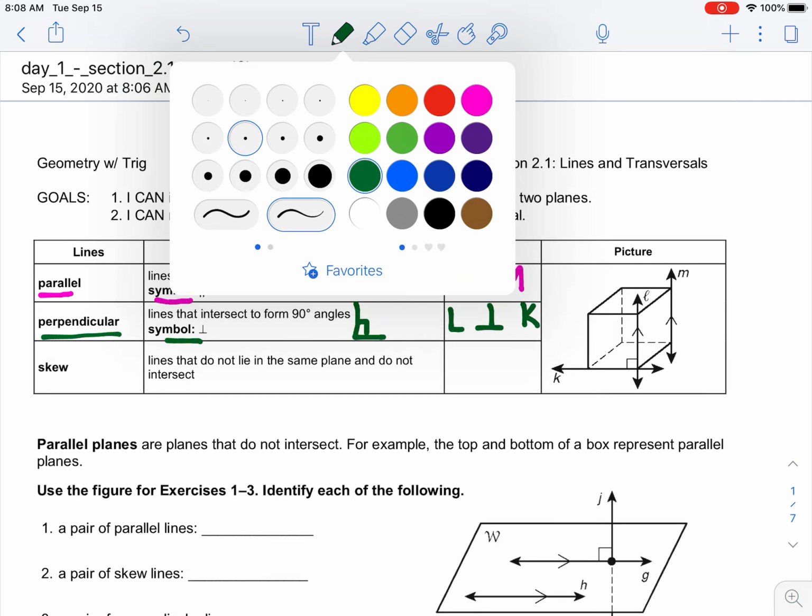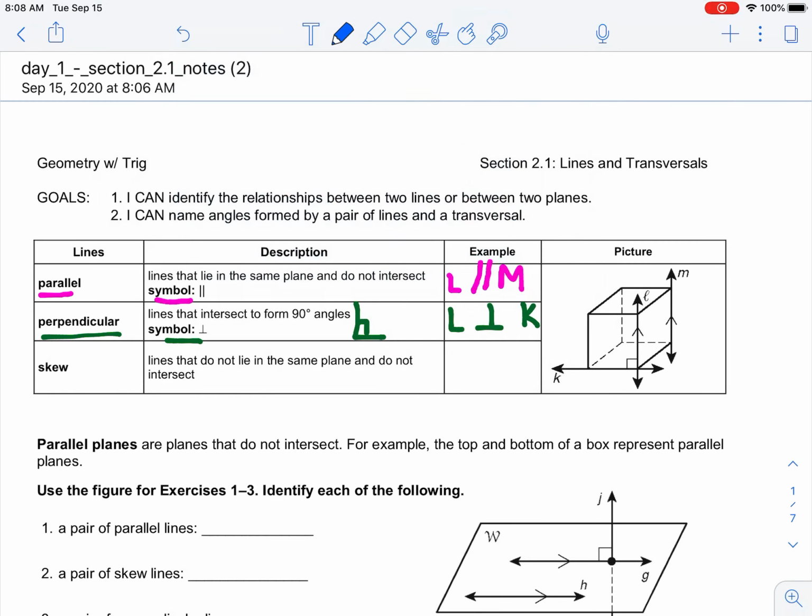All right, our last one is skew. Skew lines are lines that do not touch, they're not on the same plane, and they're not parallel. So we pick a line, and then we try to find a line that's not near it, not touching, not intersecting. For example, in this picture, K runs horizontal over here, and M runs vertical over here.